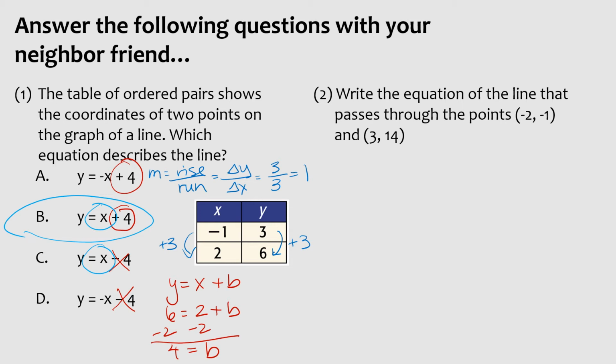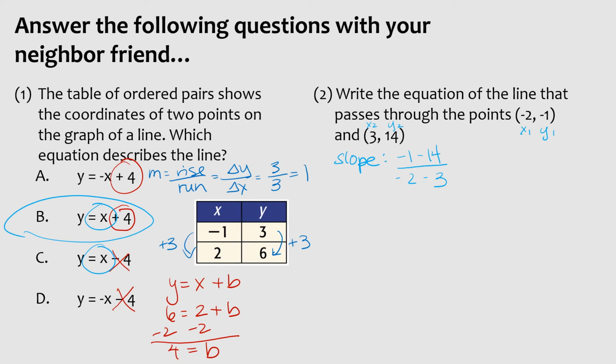Looking at 2, remember we're going to have to do the slope first. So I'm just going to say, let's see, I told you I'd do my 1s first. So I'll make this one x1, y1, x2, y2. So I'm just going to say -1 minus 14 over -2 minus 3.